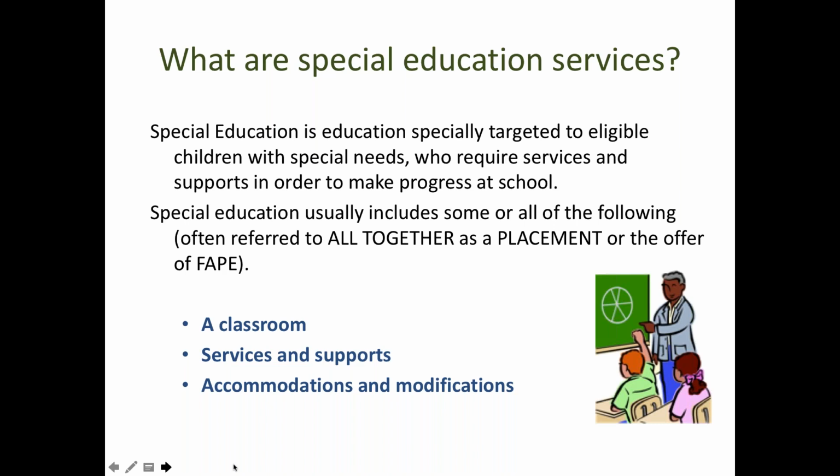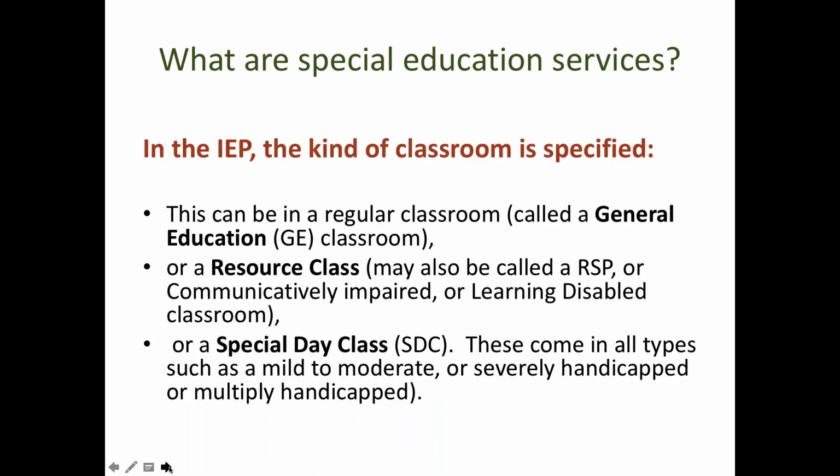Simple definition. Altogether, they are part of placement or the offer of FAPE, and usually there are at least three different parts, right? There's a classroom, there's services and supports, and there's accommodations and modifications. So we're going to talk a little bit about each of those three.